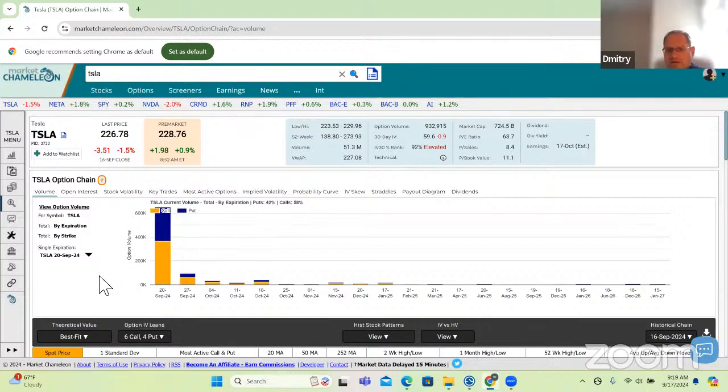So now that we have that, what about particular strikes? We do have different expirations, but we also have lots of strikes, and the strikes could make a difference too, because you have strikes that are at the money. So those are strikes that are very close to where the stock price is currently trading, the spot price.